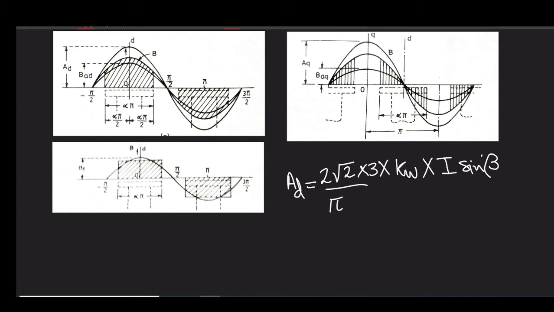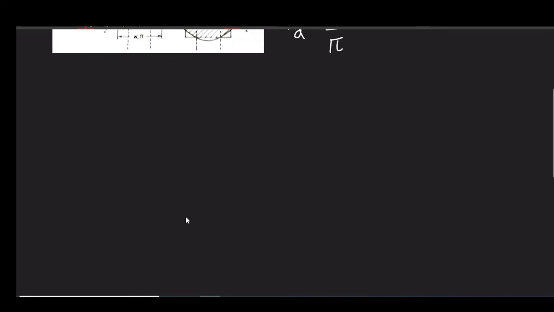Beta is an angle. If this is my quadrature axis and this is my direct axis, this one is my direct MMF, or F, acting along this. This is my D axis or direct axis. This is my Q axis.